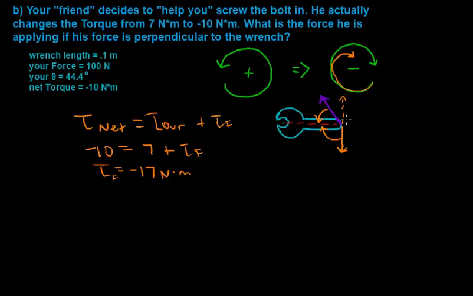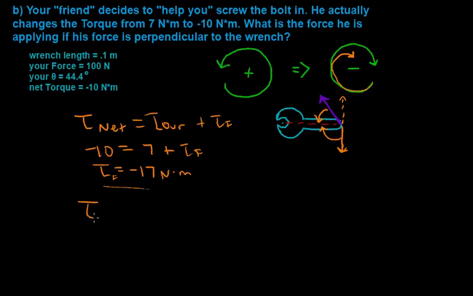So now we actually want to know what force he's applying so that the net torque was changed to negative 10 Newton meters. And we already solved for what our friend's torque was, negative 17 Newton meters, by adding our torque to his torque to equal the net torque.